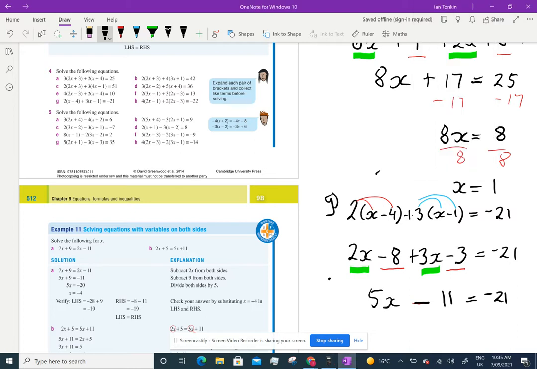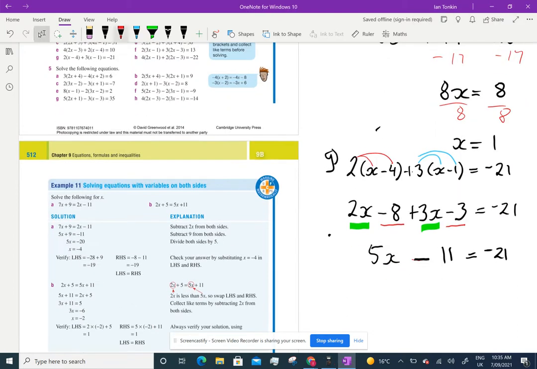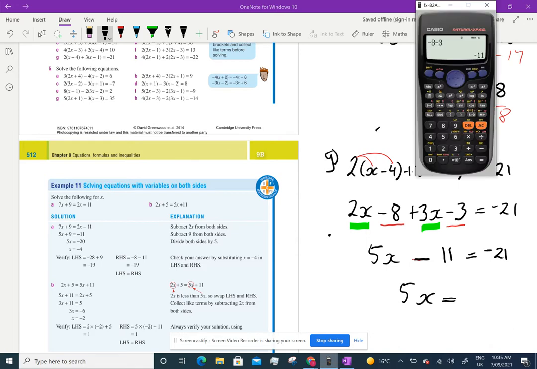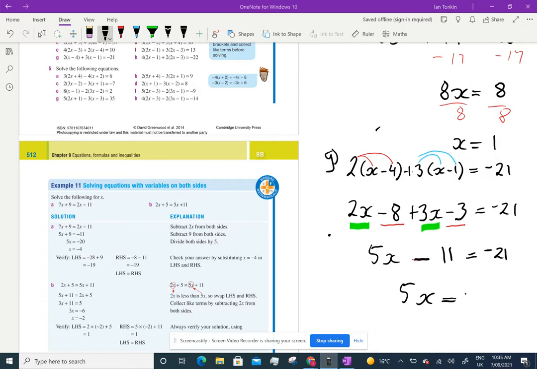Now I've got a really simple equation. I add that 11 over the other side. So that'll give me 5x. I wonder what minus 21 plus 11 is. Go to your calculator. Negative 21 plus 11. Negative 10. Divide by the 5. Again, use your calculator. I don't need to. I know it's negative 2.